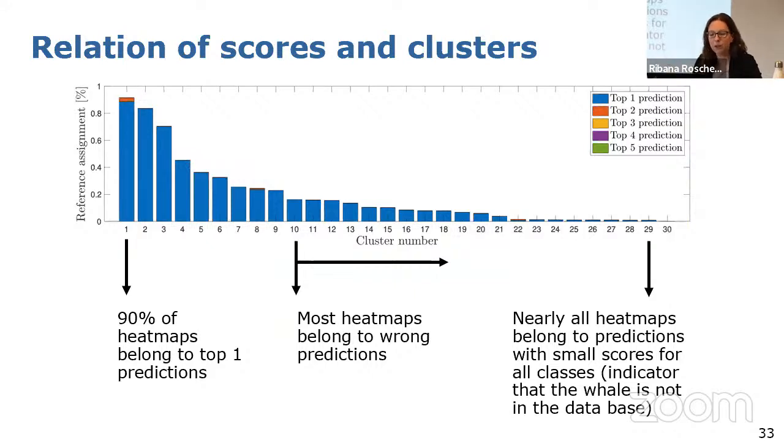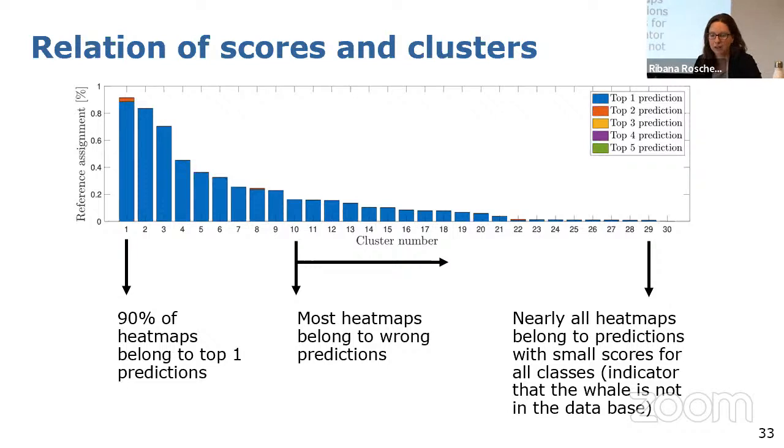And then we went even further, because it's now interesting to have these clusters, but what can we actually learn from it? So what we did is we related the detection rate to the heat maps. That means we computed how many of the heat maps belong to the correct decision in each cluster. And we were not too strict, so we used the top 5 predictions.